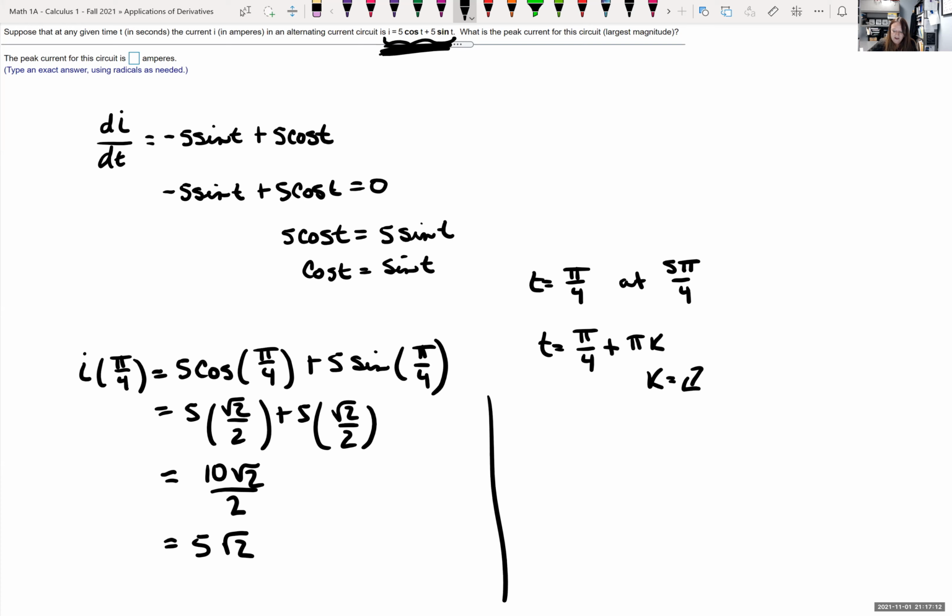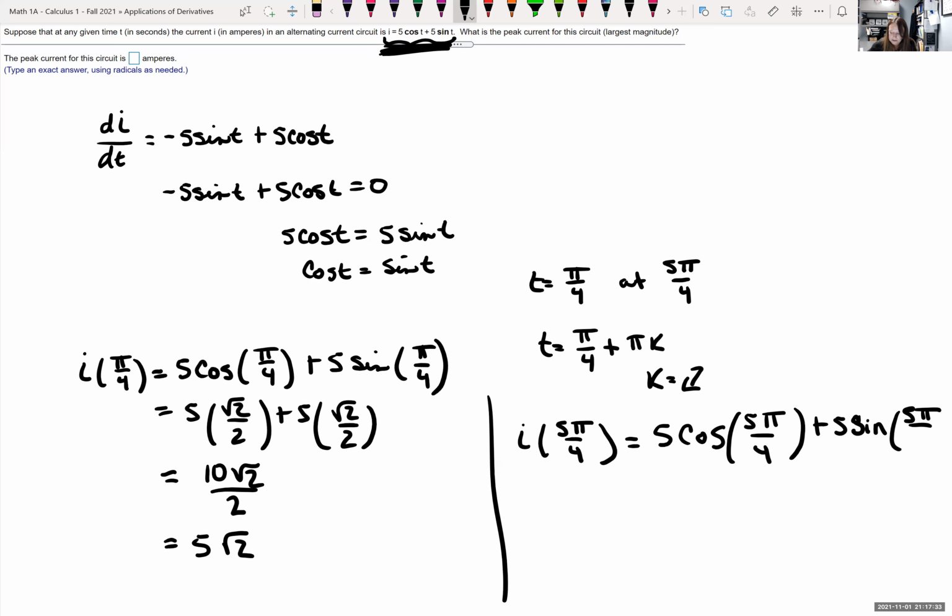If I plug in 5 pi fourths, that's going to be a minimum, because I would have 5 cosine of 5 pi fourths, but in the third quadrant, cosine is negative root 2 over 2. Same thing with sine of 5 pi fourths. And so this is actually going to give me a minimum value, negative 5 root 2 over 2 minus 5 root 2 over 2.